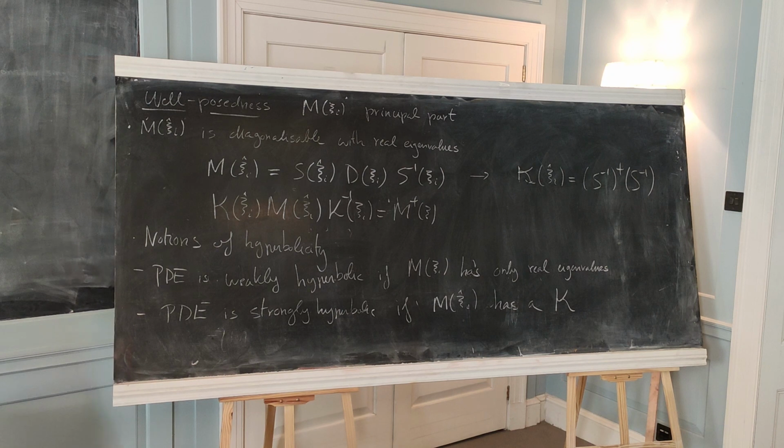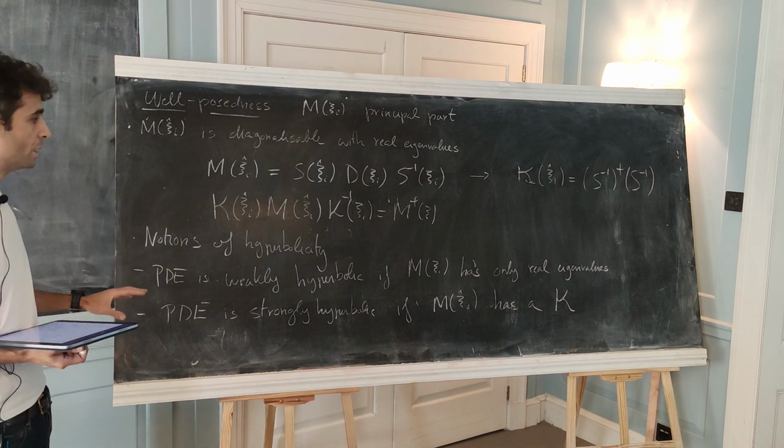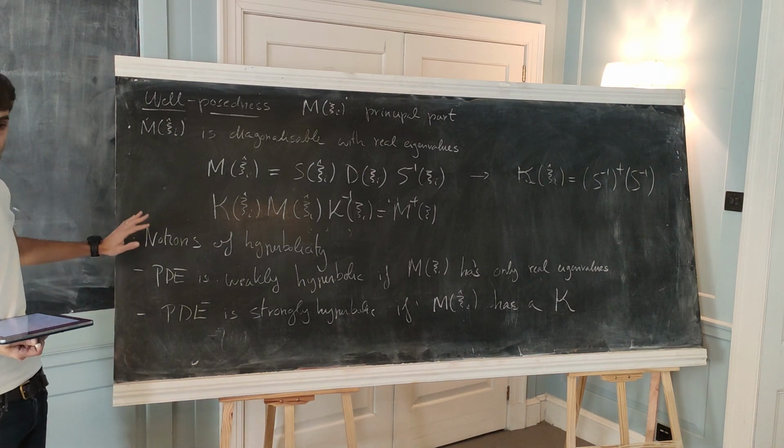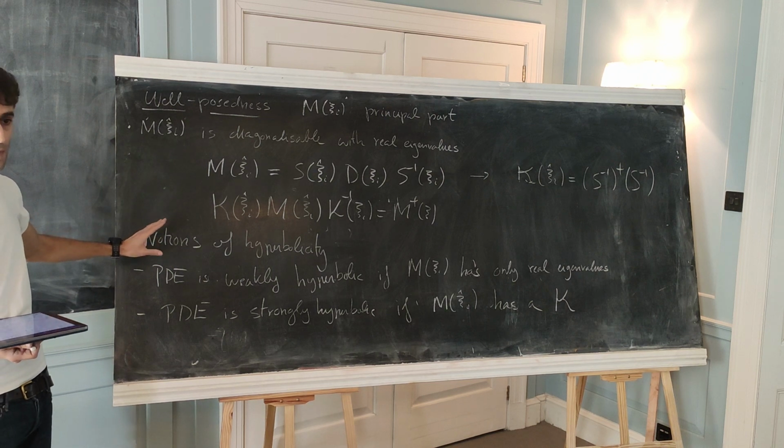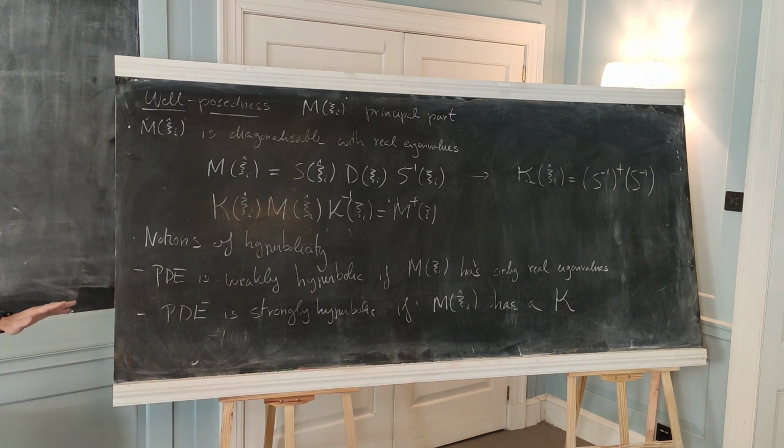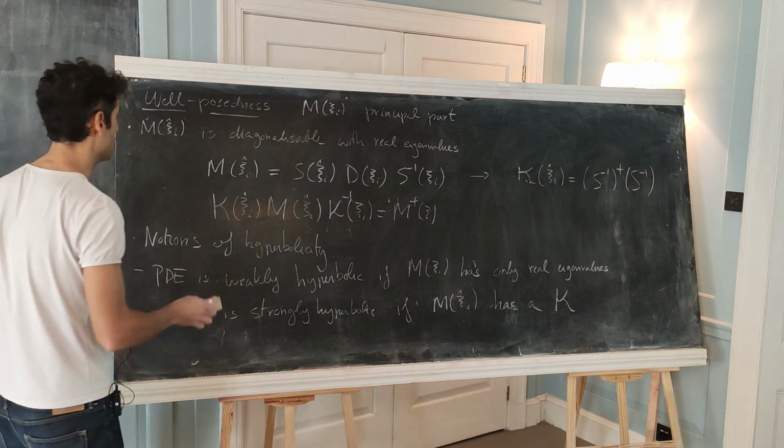And I should emphasize that well-posedness, as I said earlier today, is not independent of the choice of coordinates, because the gauge variables enter with two derivatives in the equations, so they contribute to the principal part. So the choice of coordinates is not completely free, if you want.